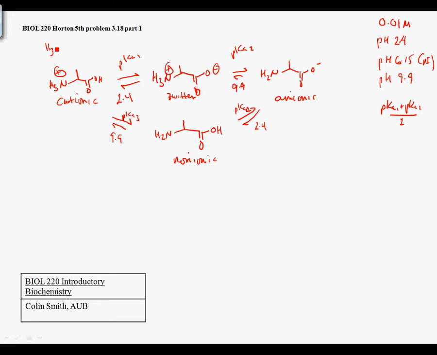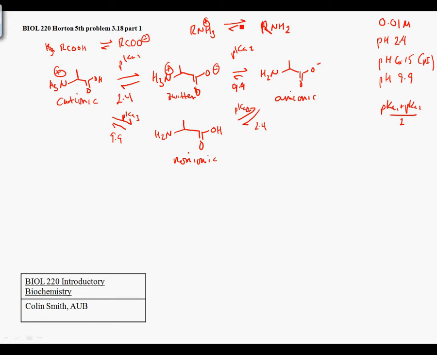Let's imagine that we have, in this case, I'm doing this wrong. Let's imagine RCOOH is in equilibrium with RCOO minus, right? That's governed by 2.4. And in this case, we have our RNH3 cation in equilibrium governed by a pK of RNH2, sorry, that's not very legible.